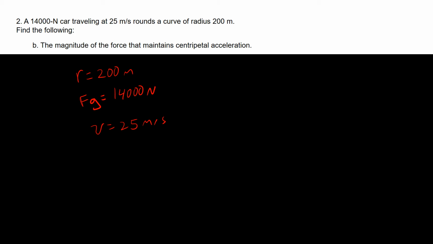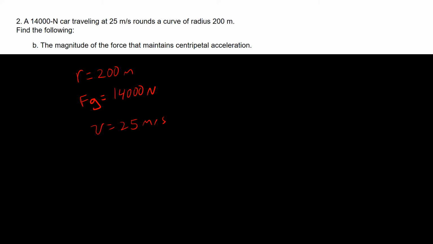I am supposed to figure out the magnitude of the force. So that's basically the friction, which is pointed towards the center of the circle. That's the centripetal force. When something's in circular motion, there's always going to be some force that is keeping it from going in a straight line. In this case, it's friction.